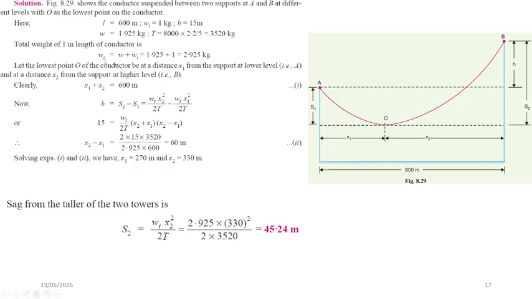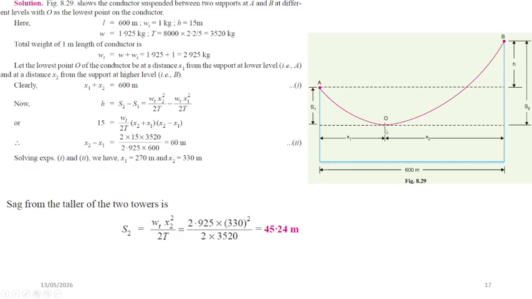So total weight of 1 meter length of conductor is Wt equal to W plus the weight of ice. So in total, we will have this weight.